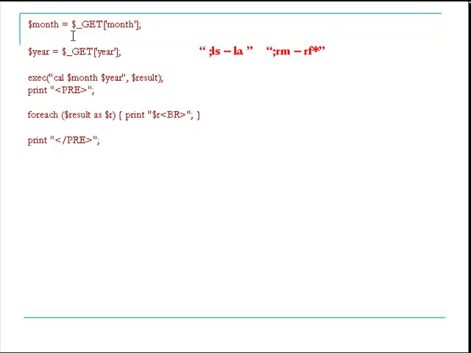is a number between 1 and 12 and the year is provided as a proper 4-digit year. However, a malicious user might append ls -la to the year value and thereby see a list of your website HTML directory.